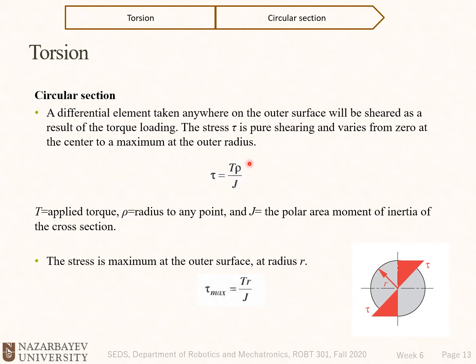And J is also constant, is polar area moment of inertia. So T is applied torque, rho is radius to any point, J is the polar area moment of inertia of the cross section.